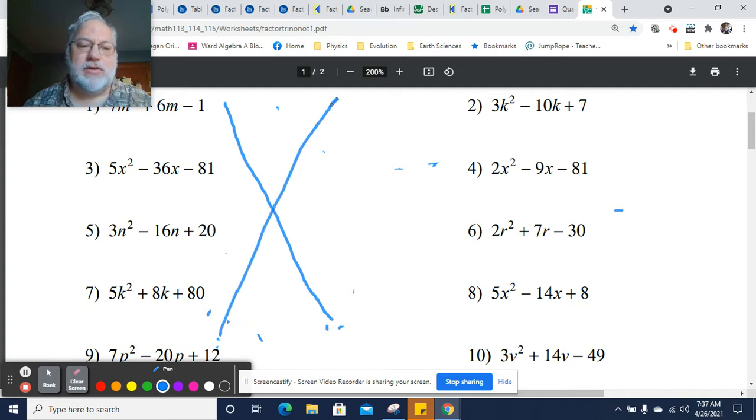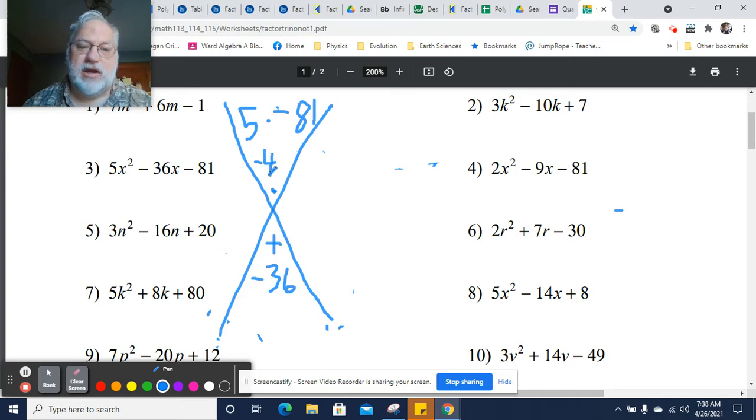And what I'm going to do is say 5 times negative 81, and then whatever that equals needs to add up to negative 36. So let's figure out what is 5 times 81. Well, 5 times 80 is going to be 400. So 5 times negative 81 will be negative 405.